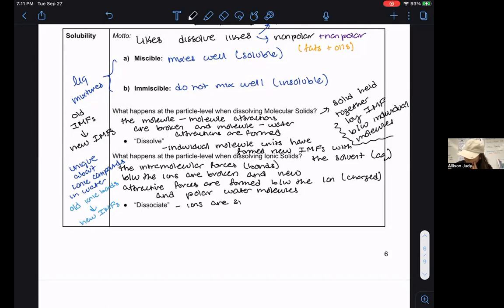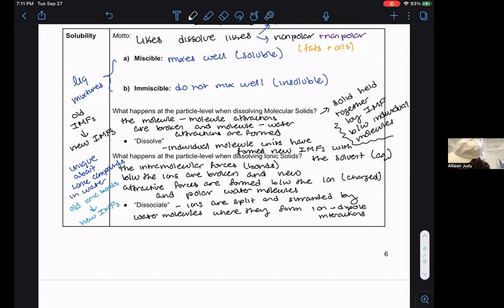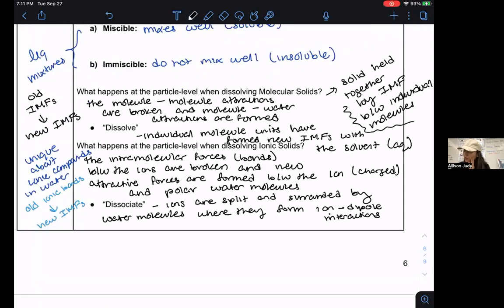are split and surrounded by water molecules, where they form what we call ion dipole interactions. Ion dipole interactions.